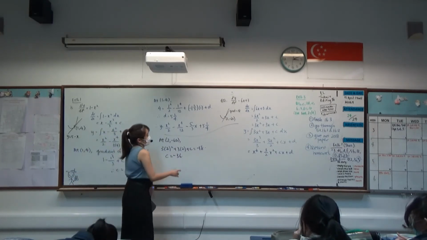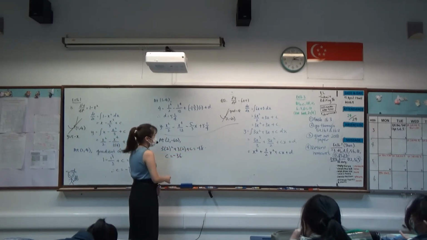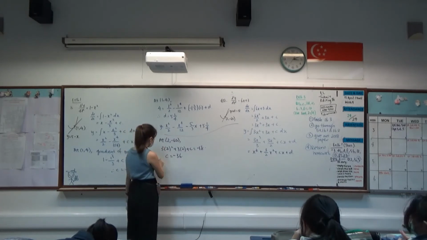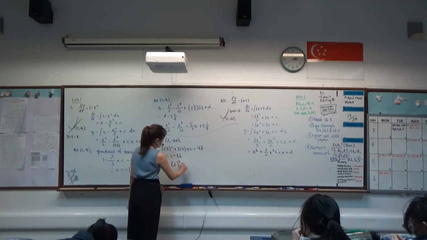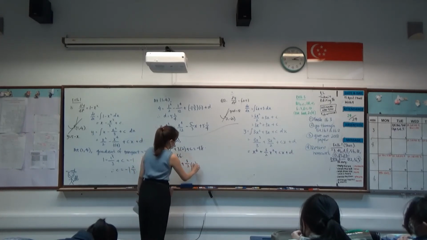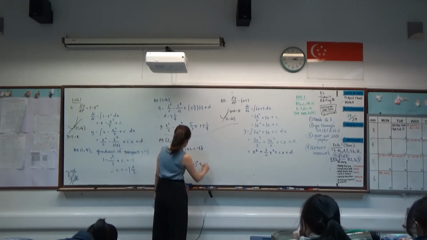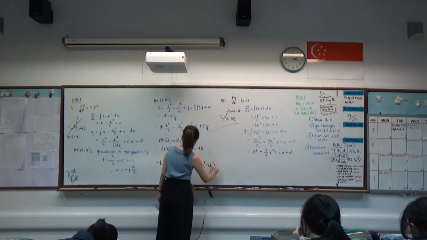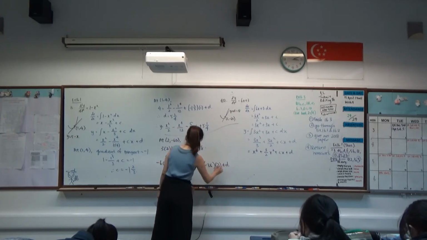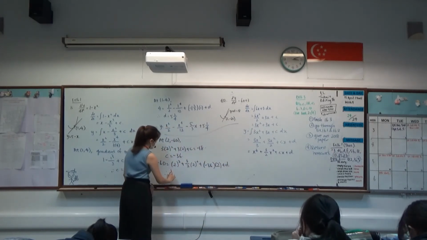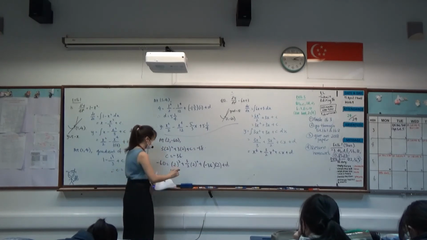Okay, then put it into y. So at the same point, y is negative 60, x is 2 cubed plus c negative 36, x is 2 plus d. So d would be found to be negative 2.